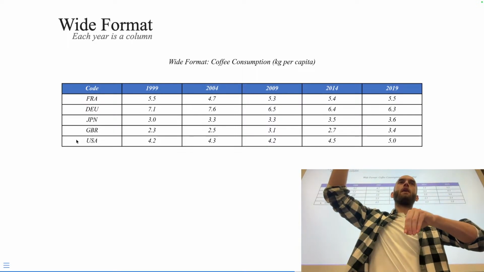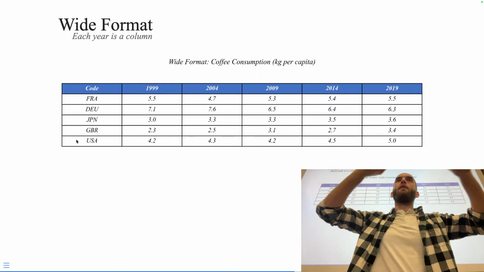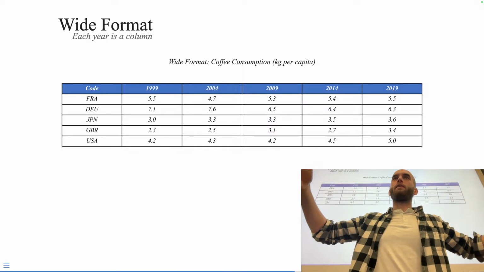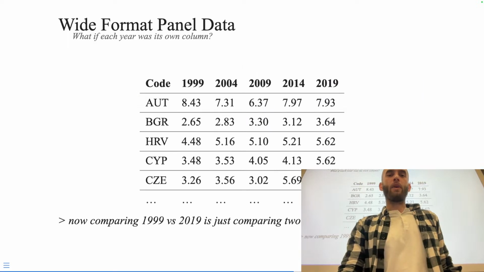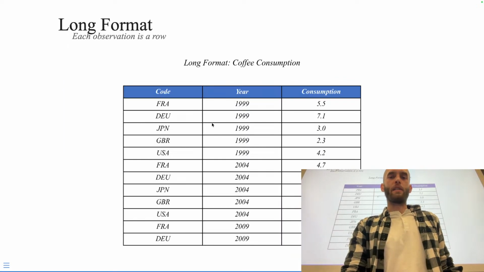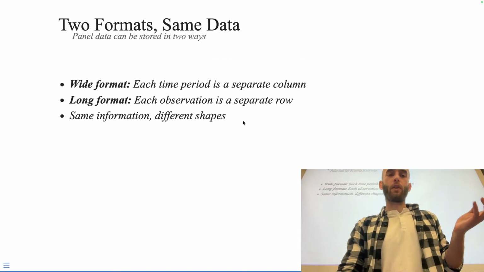So each row represents one unit of observation, and one column represents one time period. And then we had our long format, which was the same data, just a different format. Here we have our i index, our country, and then our t index for our year. Apologies for going a little out of order here.